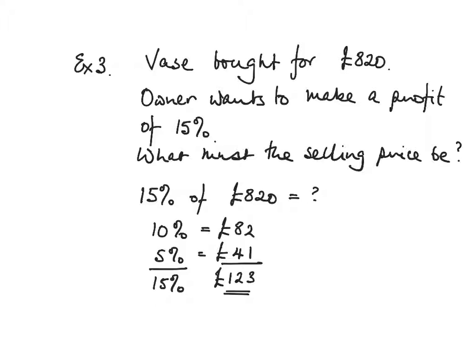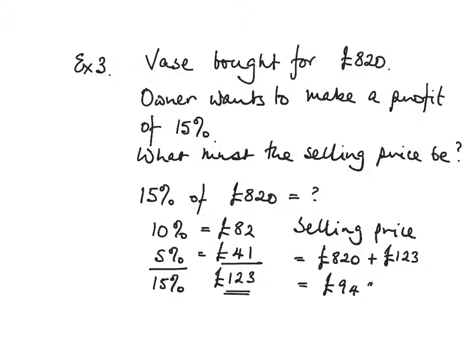To find the selling price, what we'll do is we'll add that £123 onto 820 to give us £943. That's how much the vase must be sold for to make a profit of 15%.